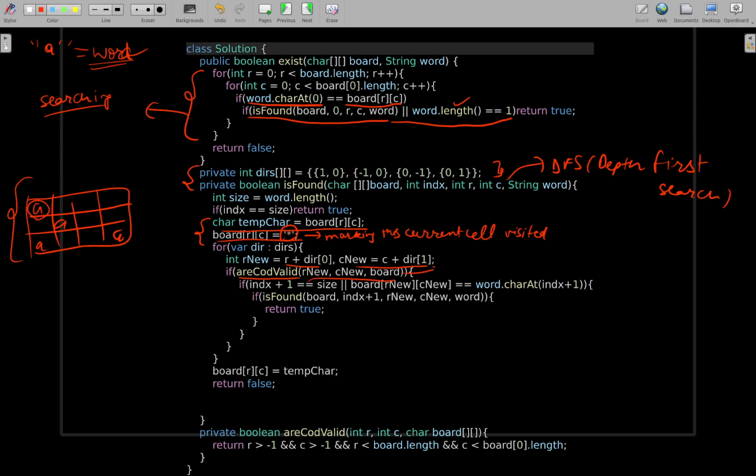If the coordinates are within the board, then you will proceed further, and if either the very next index is equal to the size, it means that you have matched all the characters, or if the next cell's character is matching the next character in the word.